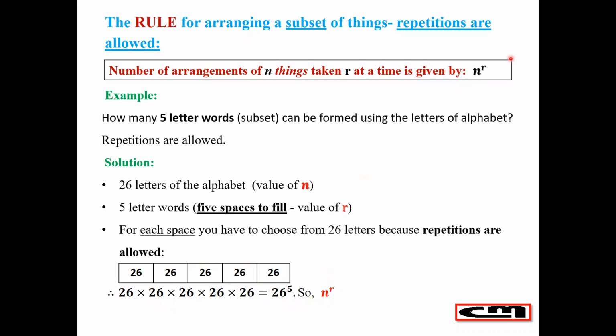You have seen that n is 26 letters and the subset is r, so n to the power of r, which is 26 to the power of 5. That is how you are supposed to apply the rule for arranging a subset of things when repetitions are allowed.